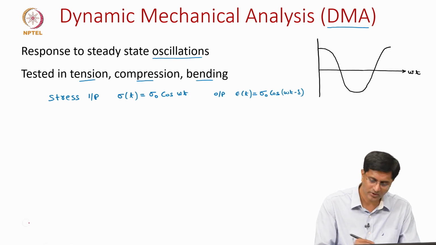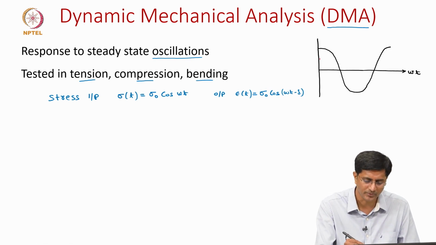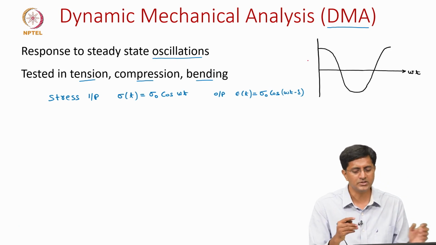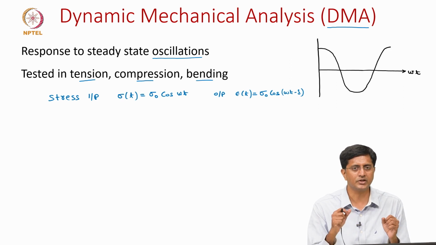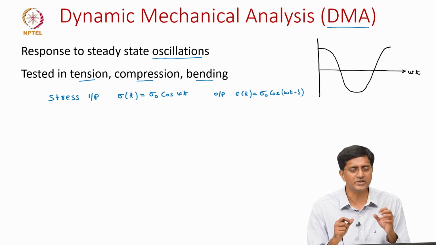This we can represent in the figure. Both the input stress and the output strain will have the same frequency, but the difference is the output strain will be lagging behind the input.